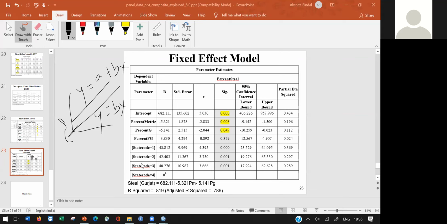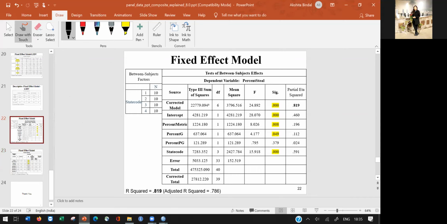Ma'am, please explain the concept of partial eta squared that you explained right now. Okay, sure. When I talk about partial eta square, it captures the individual effect on the model. That means that if I have corrected model with degrees of freedom 6, my partial eta square comes out to be 0.819, which is like 81% of my model is explained.